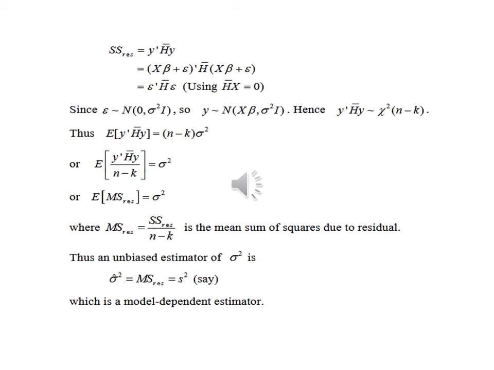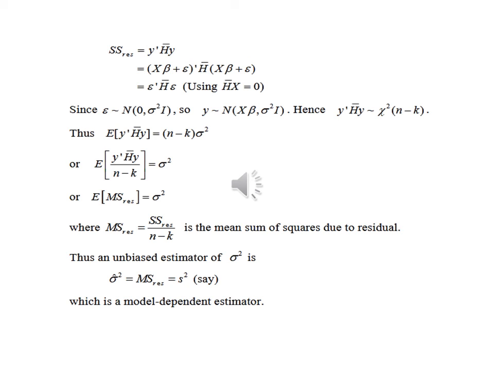Hat matrix. Since epsilon is distributed normally with mean 0 and variance sigma square, y must be distributed normally with mean X beta and variance sigma square I. Hence y' M y over sigma square is distributed chi square with n minus k degrees of freedom. Thus, the expected value of y' M y equals (n minus k) sigma square, or the expected value of y' M y over (n minus k) equals sigma square, or the expected mean square residual equals sigma square, where the mean square residual equals the sum of squared residuals over n minus k, the mean sum of squares due to residual.